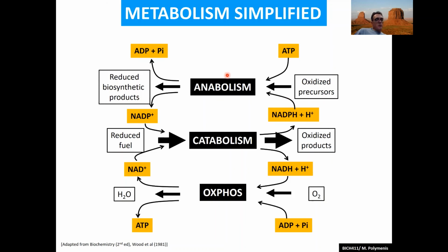So anabolism is biosynthesis. Energy, electrons, and small building blocks will get you to the large reduced products that you need to make your own cells. And of course, that's how you spend your ATP, and that's how you reoxidize again, and you have ADP plus phosphate, and the whole thing goes again and again and again.